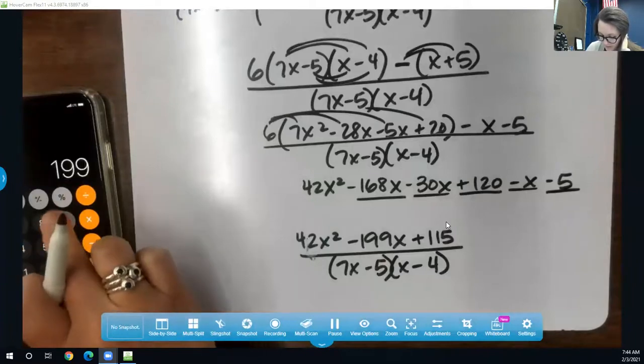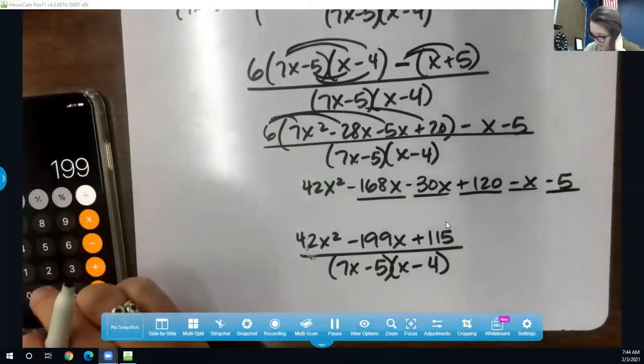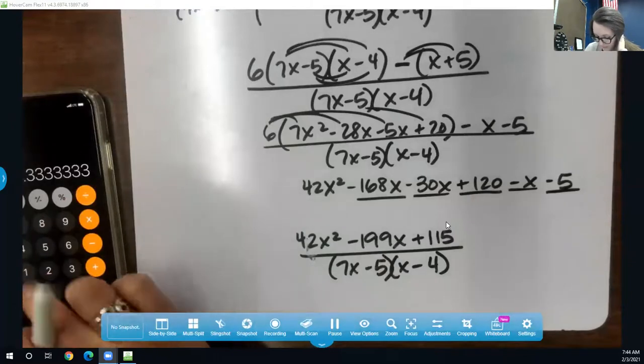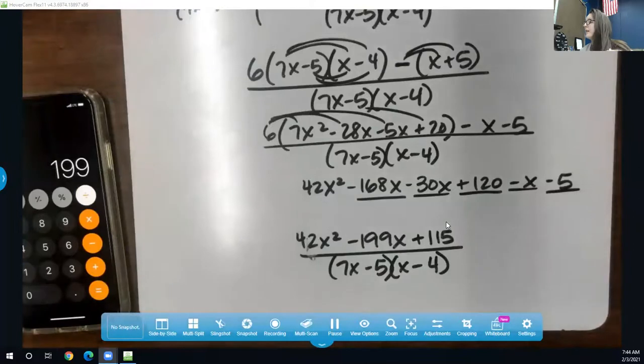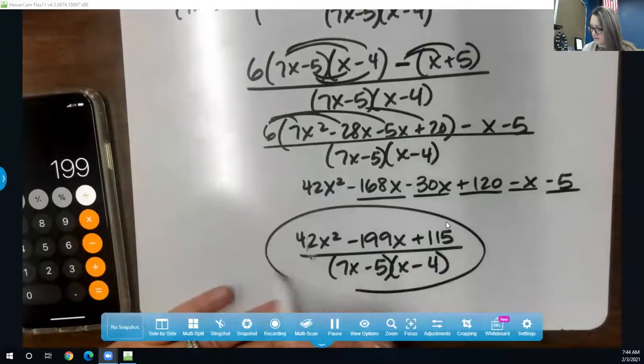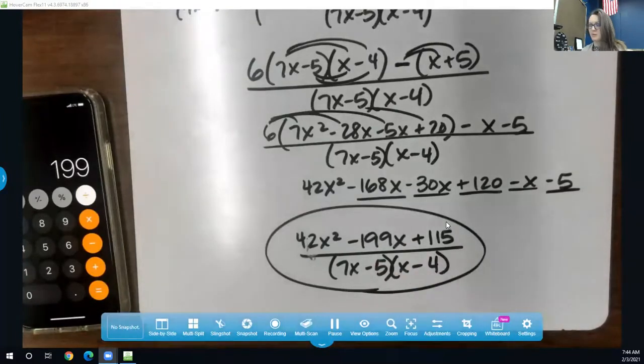Well, nope. 199 divided by 3. Nope. 199 divided by 2. Ugh. What else goes into 42? Not 13. Okay, so I think we're left with that. It's pretty ugly, but that seems to be what it is.